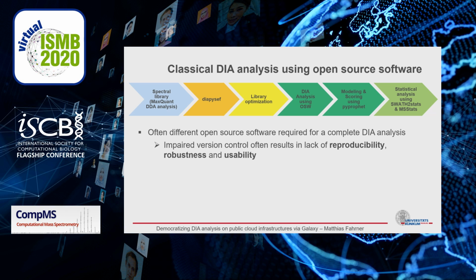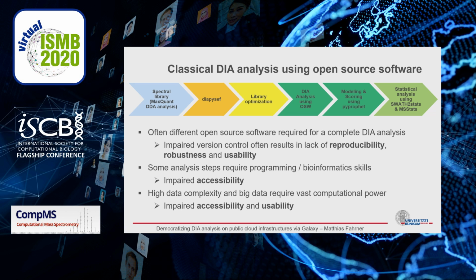Some analysis steps require programming skills to adapt and adjust as needed, limiting the accessibility to computationally competent researchers. The complex data, in combination with a large dataset, require vast computational resources, limiting the accessibility and usability to advanced computer infrastructures.